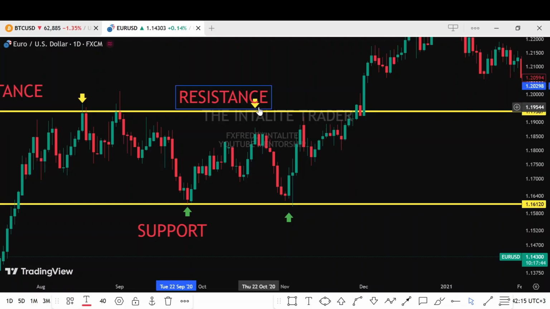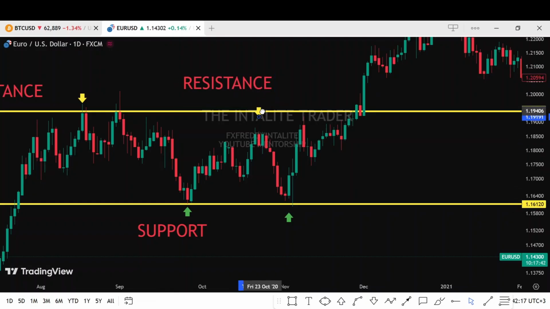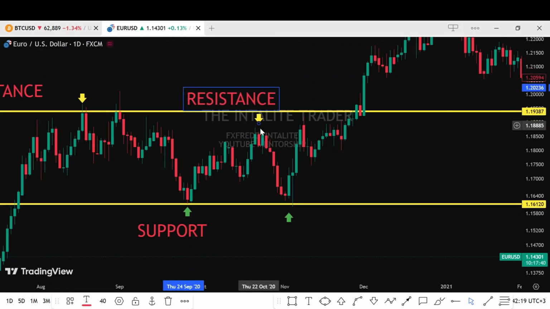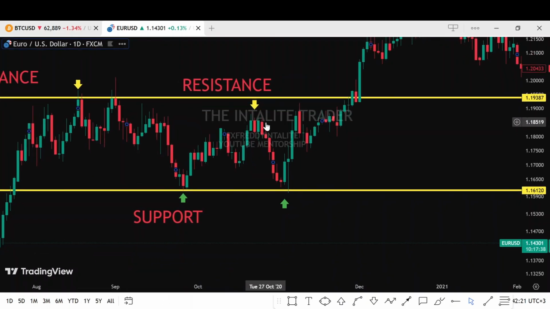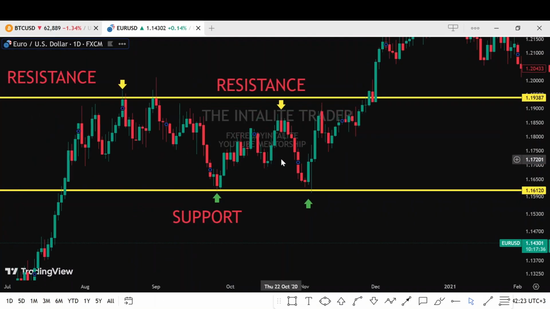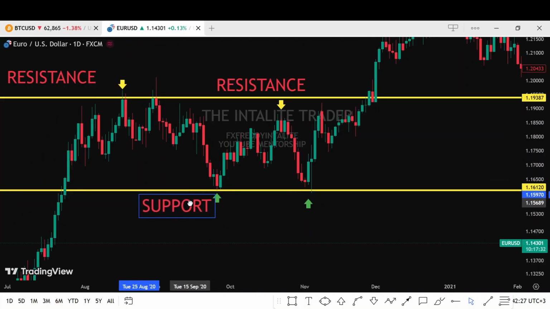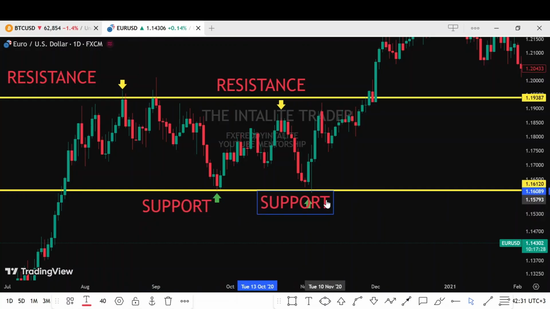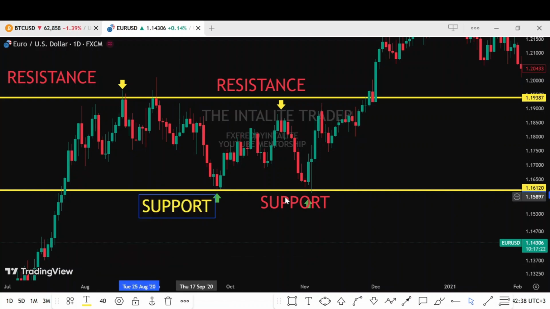We see here price found this resistance and it sold back into the same support level. This is support. Let me give this a different color.